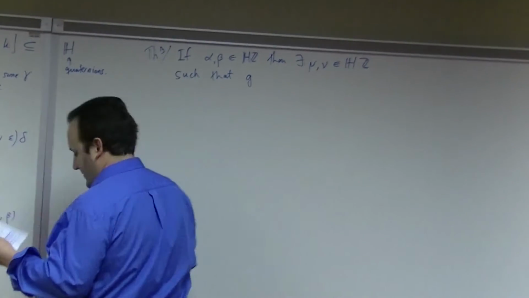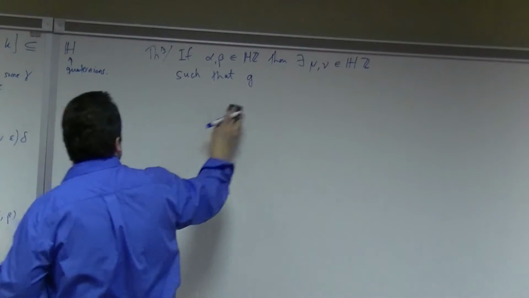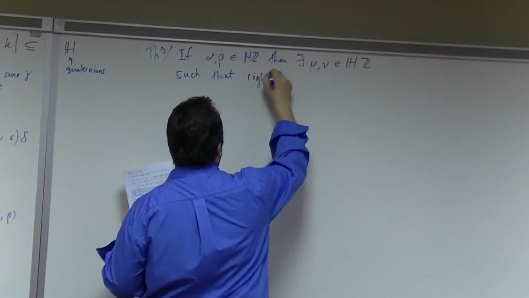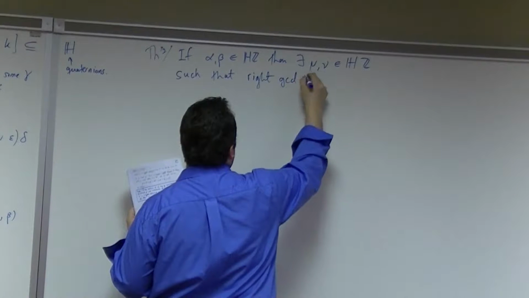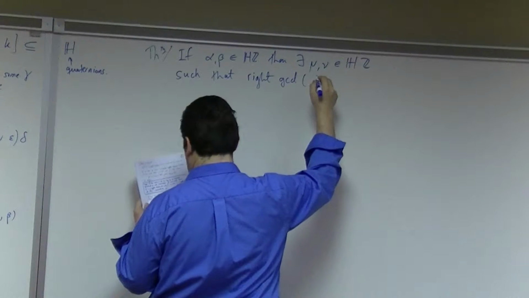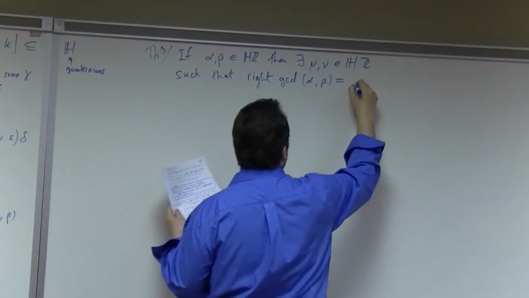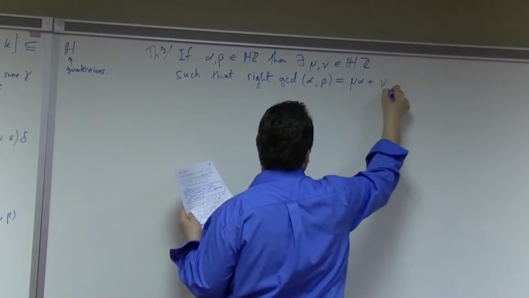Right, this is annoying, isn't it? The right GCD of alpha and beta is equal to what? Well, mu alpha plus nu beta.